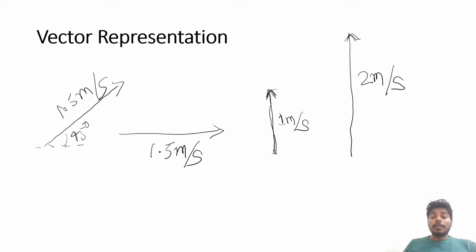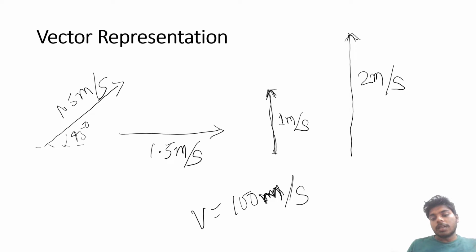Someone might think, if we have a velocity like 100 meter per second, how will I draw it? Even this is not 2 meter which I have drawn.